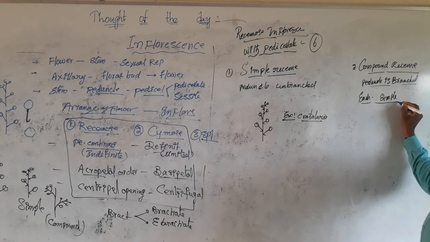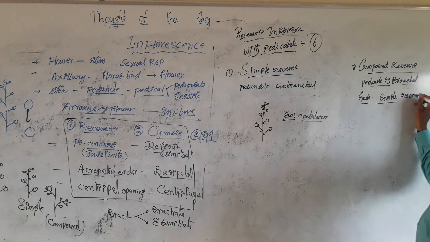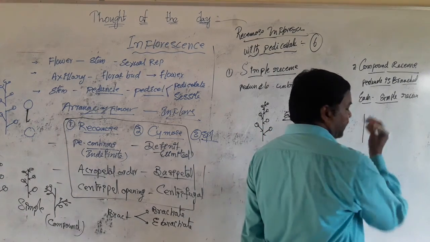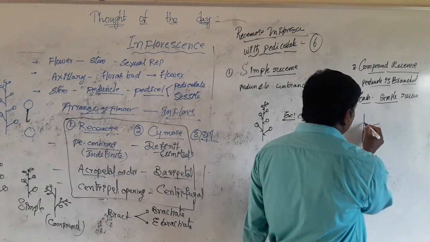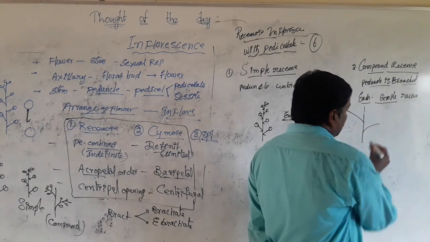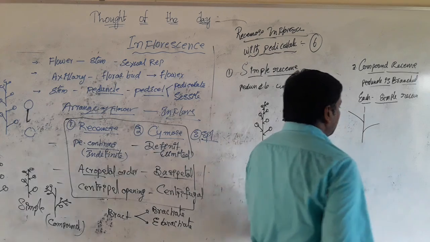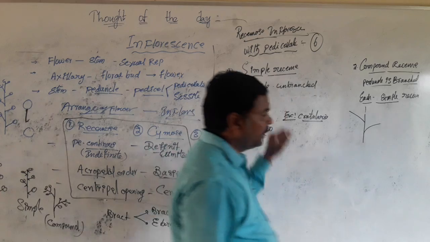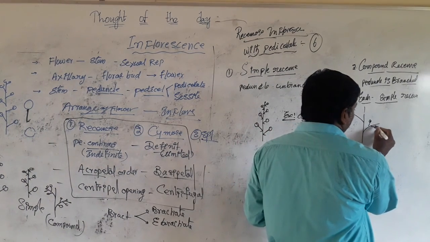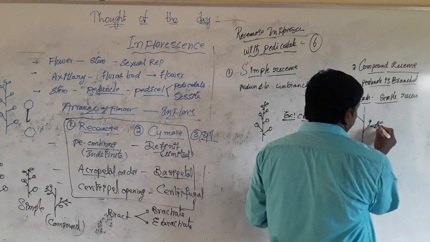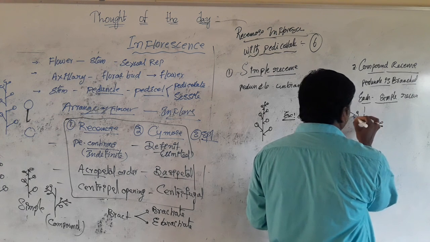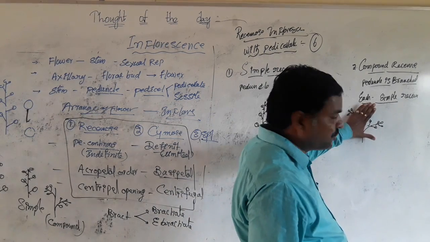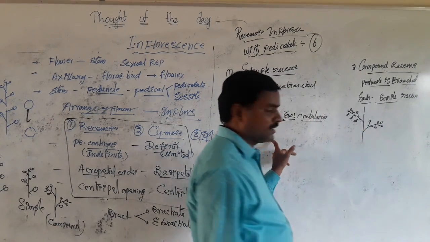This is the main peduncle, this is one branch and this is another branch. Now each branch is similar to the simple raceme. Each branch contains a number of bracteate and pedicellate flowers in acropetal order like this. So each branch is similar to the simple raceme.